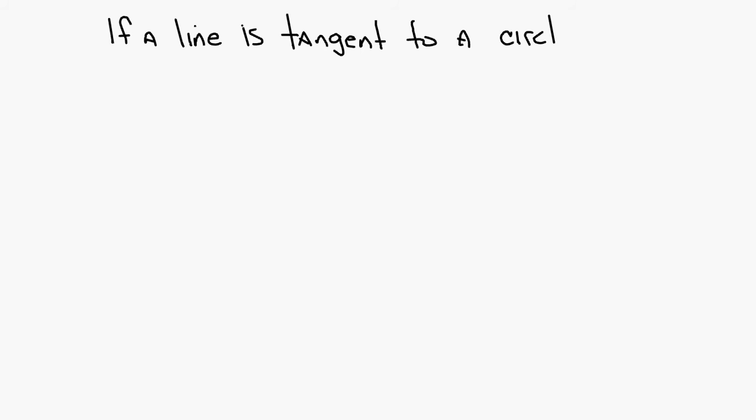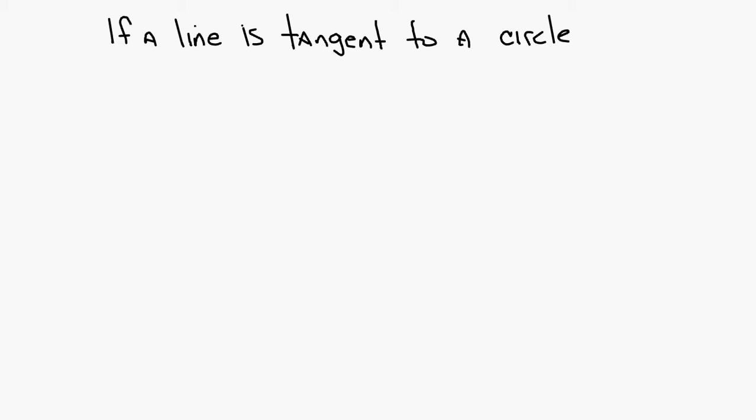So look down at the theorems on page 794. It says if a line is tangent to a circle, then it is perpendicular to the radius drawn to the point of tangency.